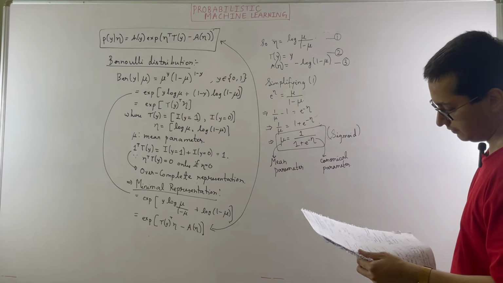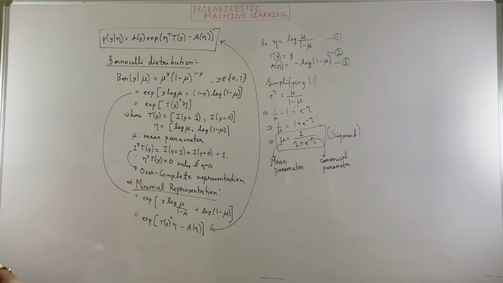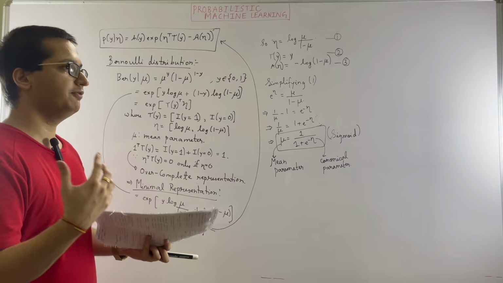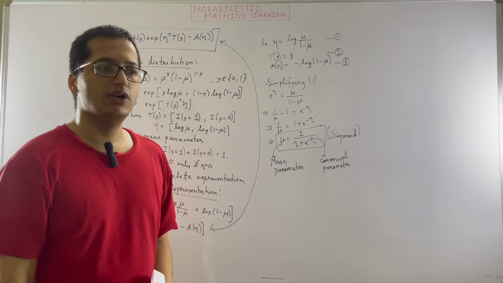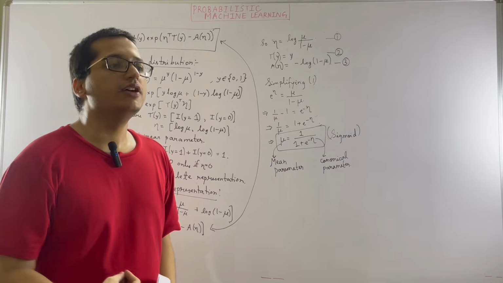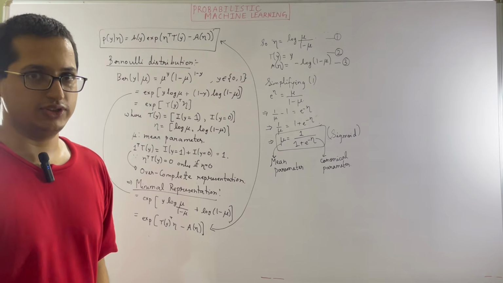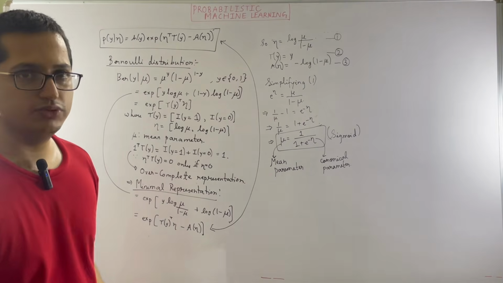Now, I was saying about this log partition function, that it can generate different cumulants, like for instance, expectation of it, or the variance of it. So it can generate those cumulants of my distribution, right? So we come to that part now.